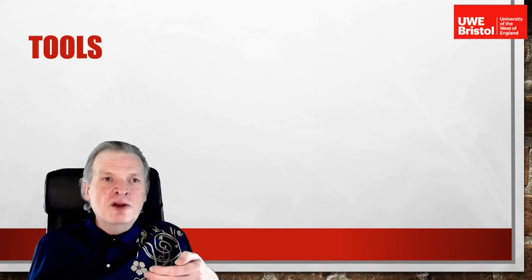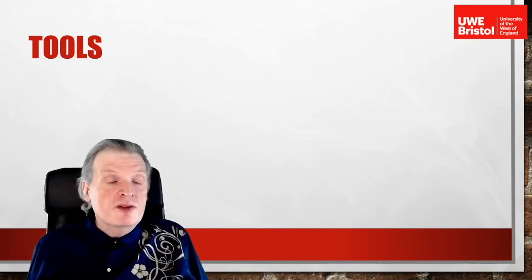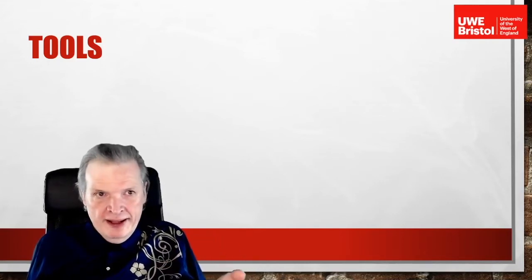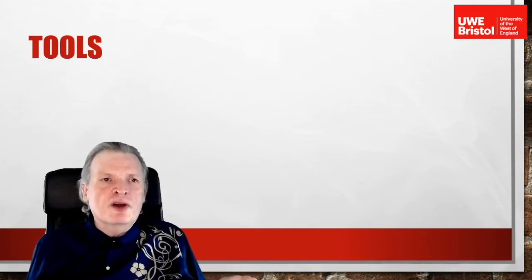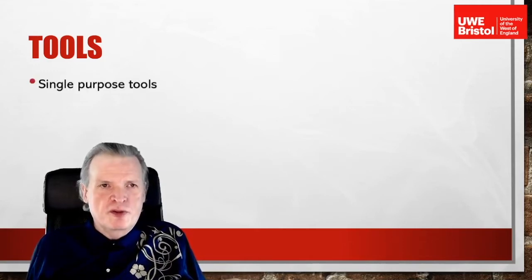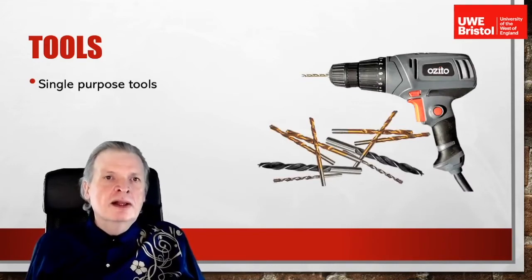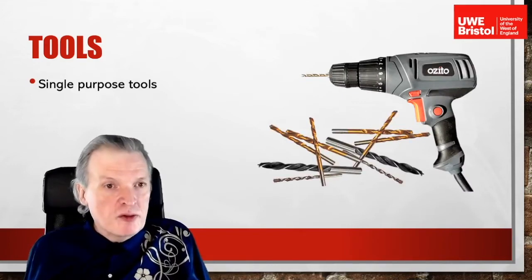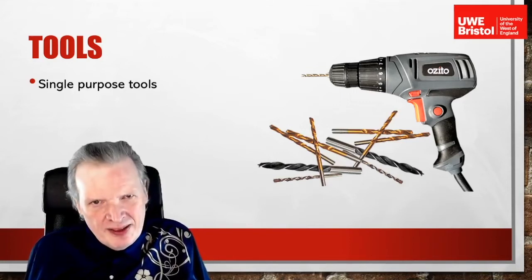Now, you can look at anything that humans interact with as tools, whether it be a computer or a fighter plane. And a lot of tools are what are called single-purpose tools. A good example of this would be a power drill. A power drill is very good at drilling holes. That's what it does. It doesn't really do anything else.